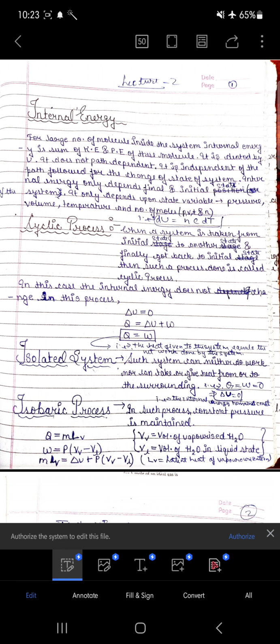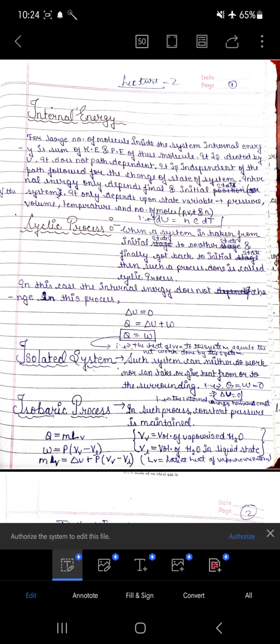So now we define the cyclic process. Yesterday we talked about thermodynamical processes, and under that comes the cyclic process. It is actually a circular type of process, in which the initial state from where the system started a change will be the same as the final state, when it comes back to the initial state again after taking a round.